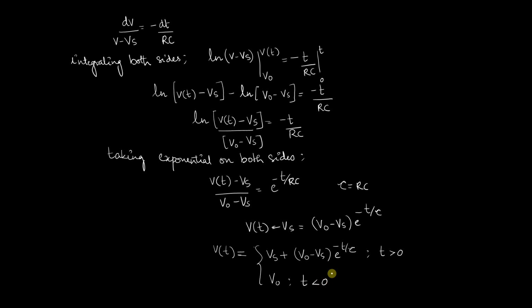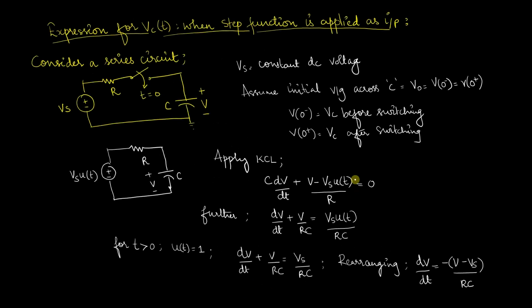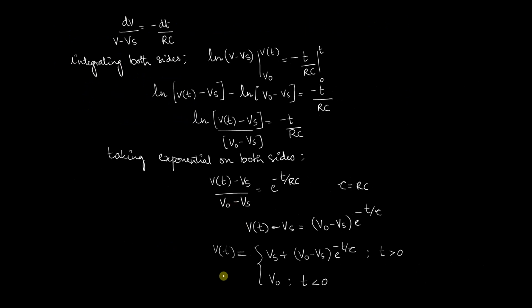So if you observe here, when t is less than 0, we have the initial condition, right? Which is the value equivalent to that of V naught, that is the initial voltage across the capacitor. So I have represented it in this particular manner. So we got this particular expression.